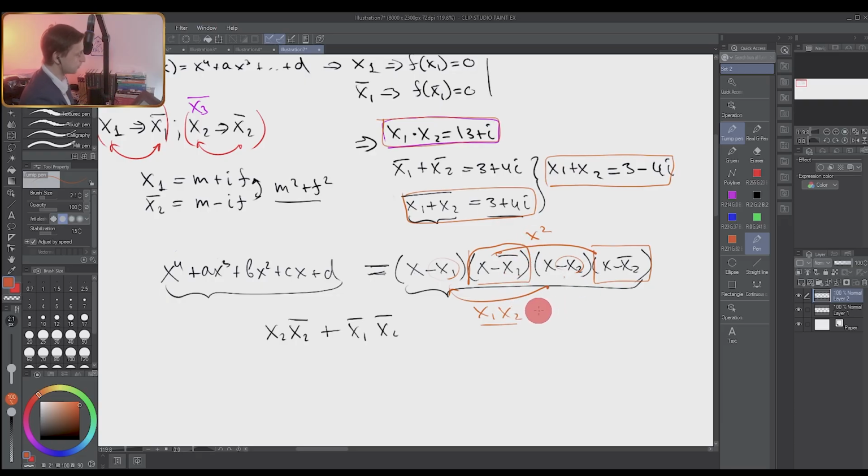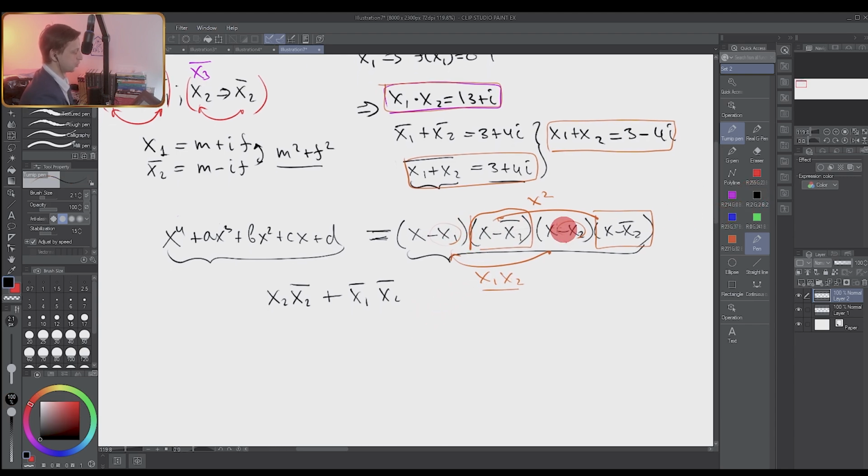And after a while, you will quickly understand that the total coefficient near x squared will look like this. It will consist of 6 different summands.